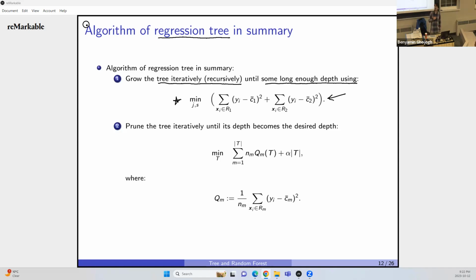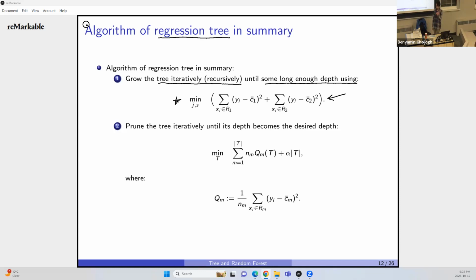But happily, the options for J are finite. J is 1, 2, until D. So I can simply use a for loop over the possible values of J, and maybe use several values for S and do a grid search.